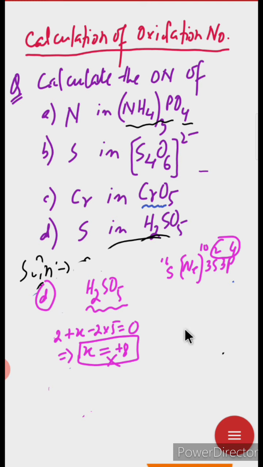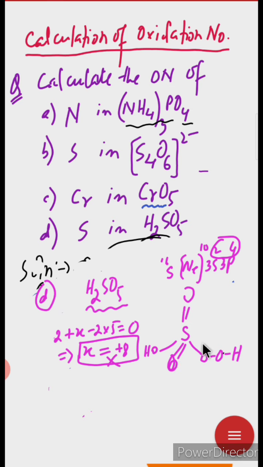So again, what is the correct way? This is again through the structure, and this is the structure of Caro's acid.